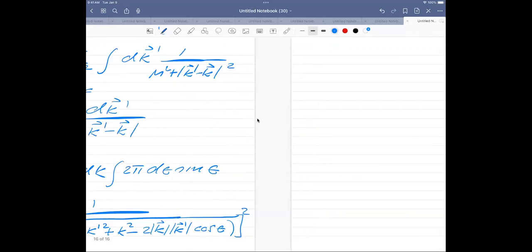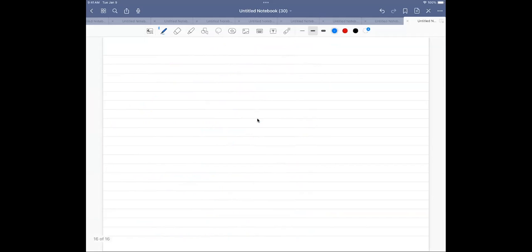So let's go through the final details. And what we get then, when we put it in, is e squared divided by pi. We have an integral over k prime of dk prime, which goes from 0 up to the Fermi level. And then we have a new integral over theta from 0 to pi.